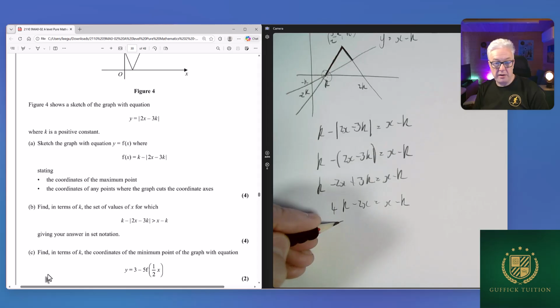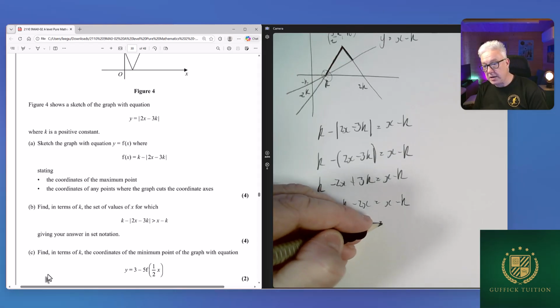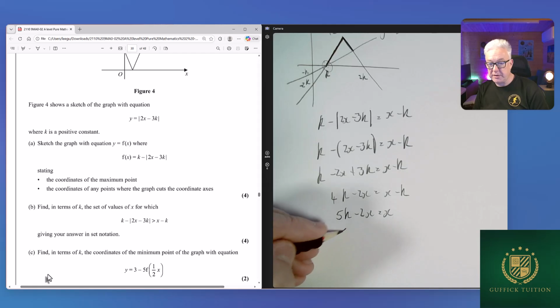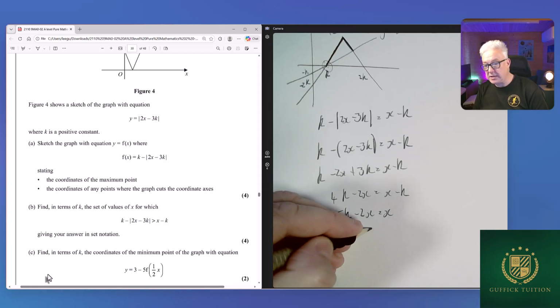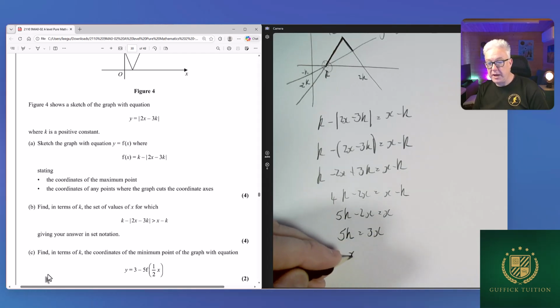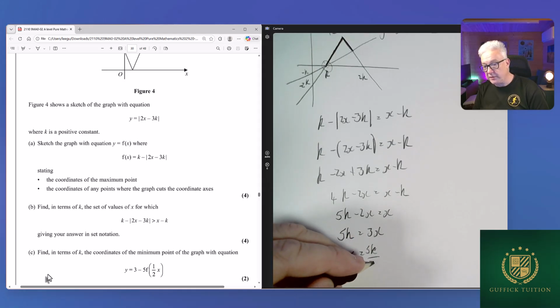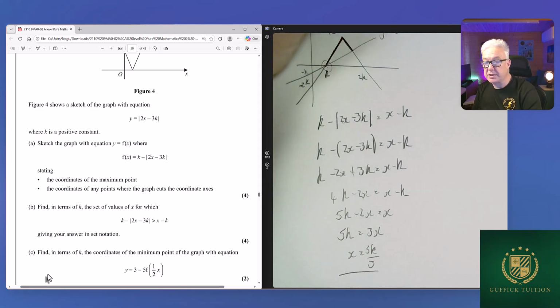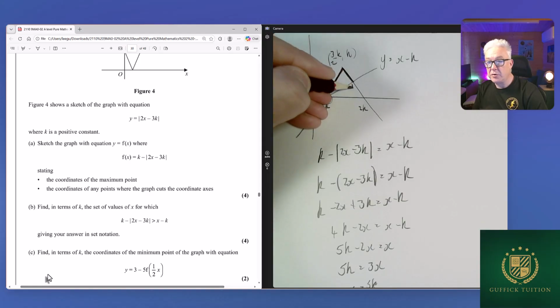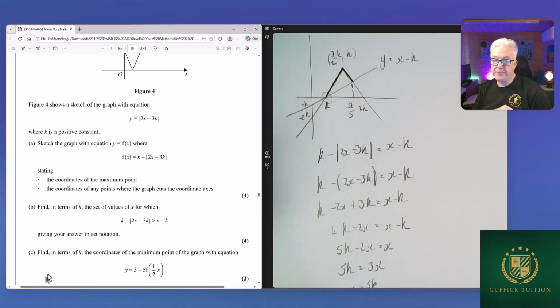That's giving me 5k minus 2x equals x. Add the 2x over to the other side, so I get 5k is equal to 3x, so therefore x is equal to 5k over 3. So 5k over 3 is this other solution here. If we were to bring that down to there, that would be 5k over 3, like that.